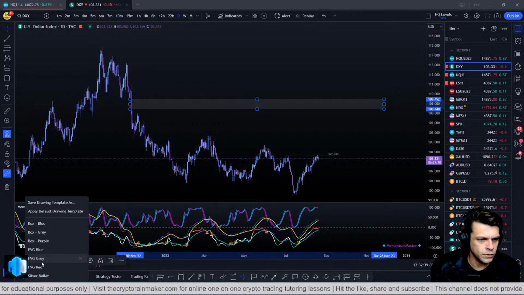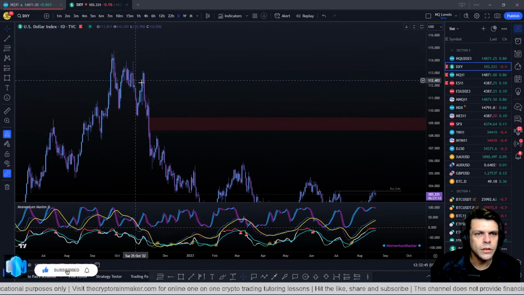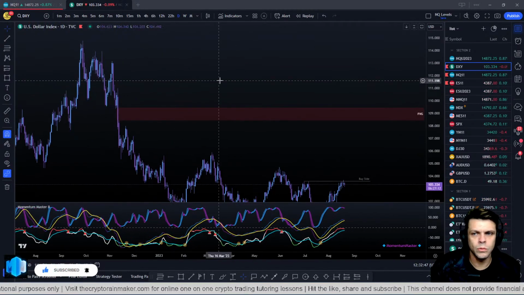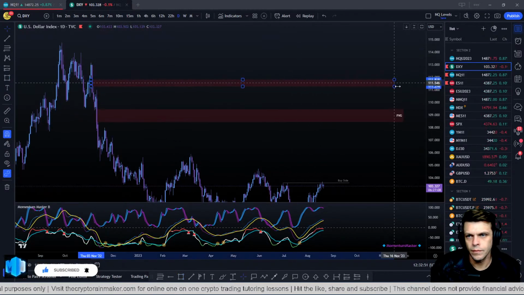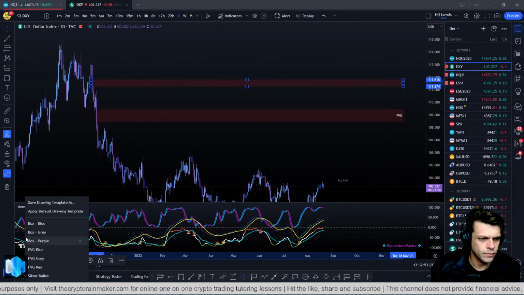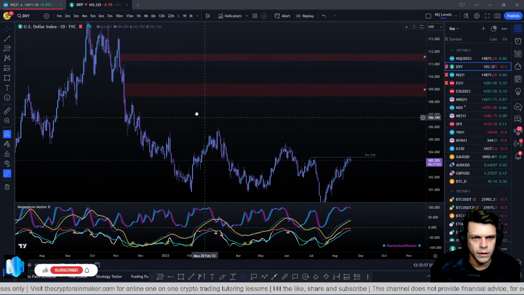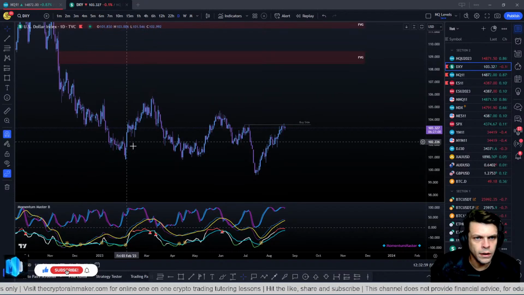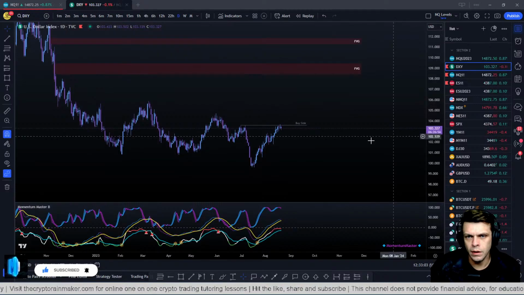Mark that as FVG, and let's see if there's any other imbalances. There's one there as well. Mark that off as well. Right, and not really anything right there. Okay, I think basically that's it.